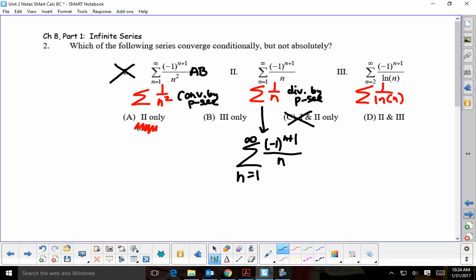What test will we use on the original? Alternating series. Am I going too fast? Are you guys on that far? Okay. That conditionally converges.